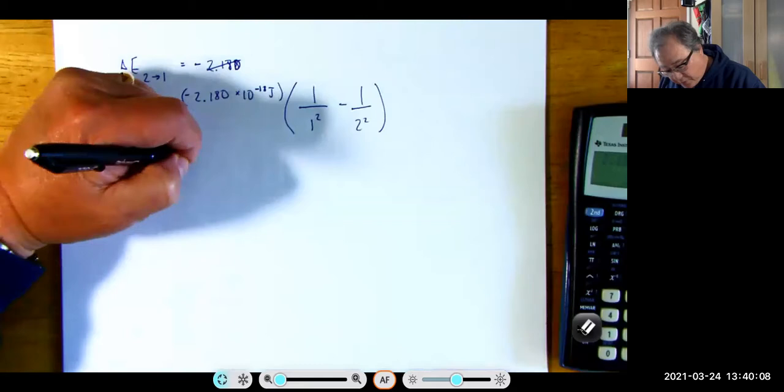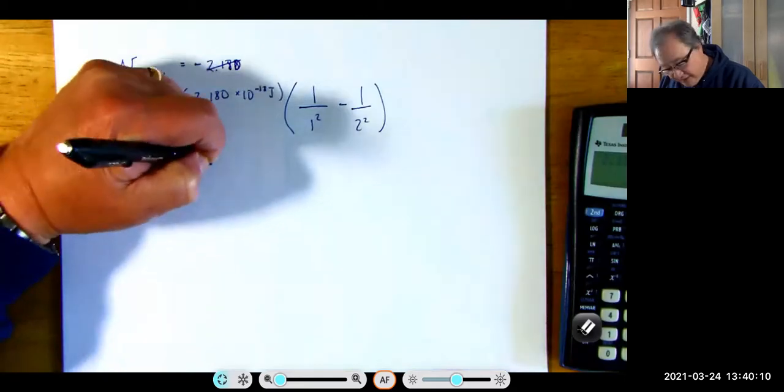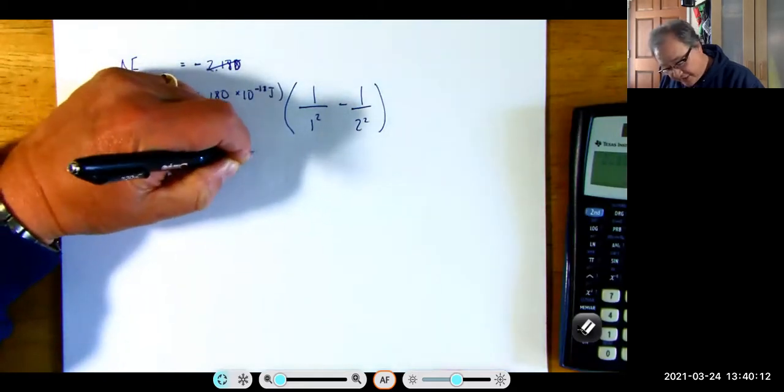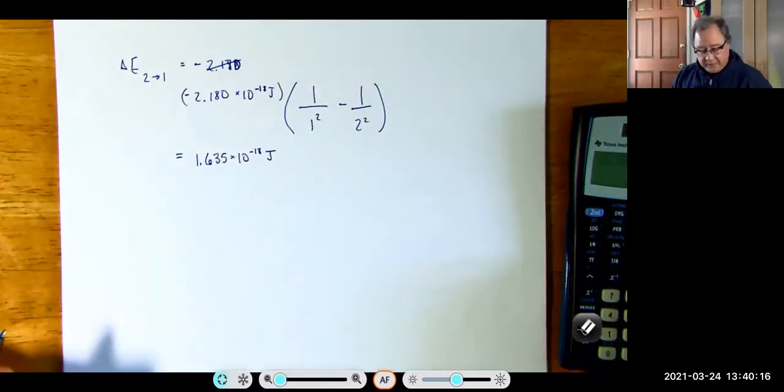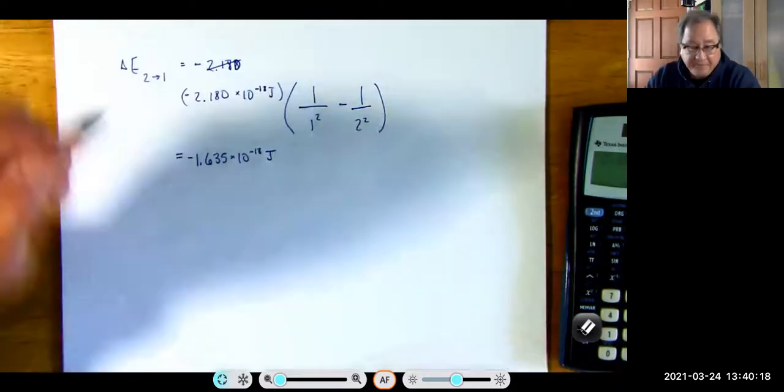And it's 1.635 times 10 to the minus 18 joules. And that's a negative.